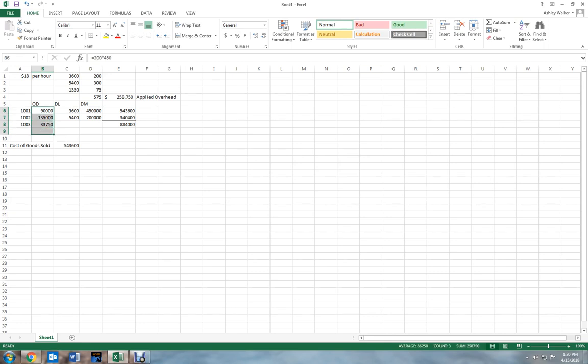Now, when we add them together, we know how much we would have applied to our overhead account for those three jobs: $258,750. So that's how much overhead we applied to jobs.